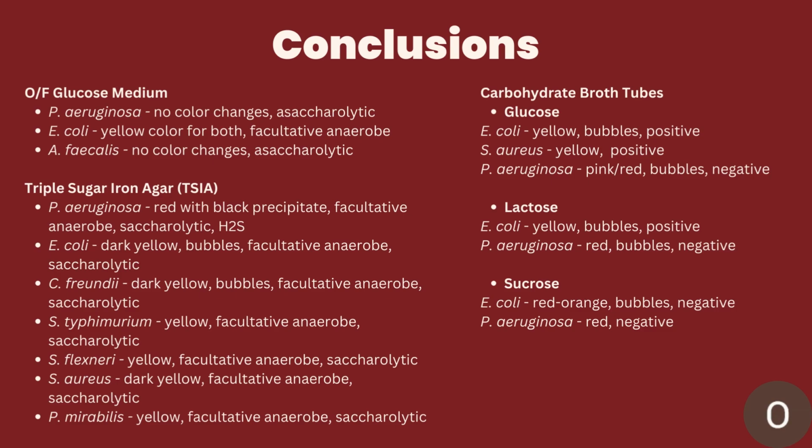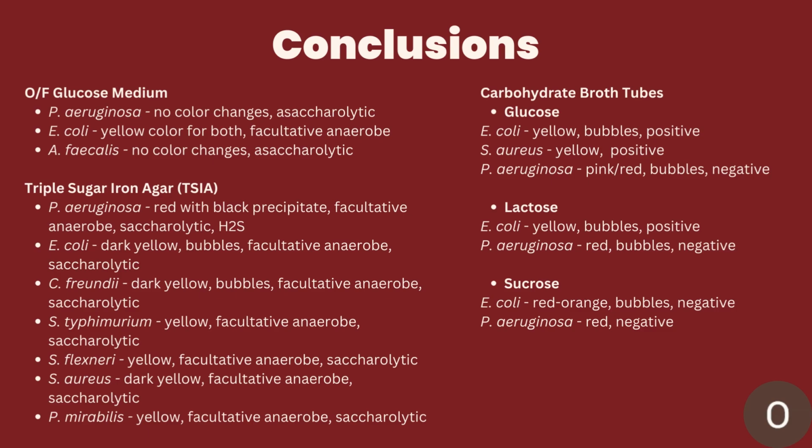For the TSIA test, this test helps to determine the ability of the bacteria to attack a specific carbohydrate or carbohydrates. For P. aeruginosa, it turned red and there was also black precipitate. This tells us that it's a facultative anaerobe and saccharolytic, that it produced hydrogen sulfide gas, and that it utilizes only glucose.